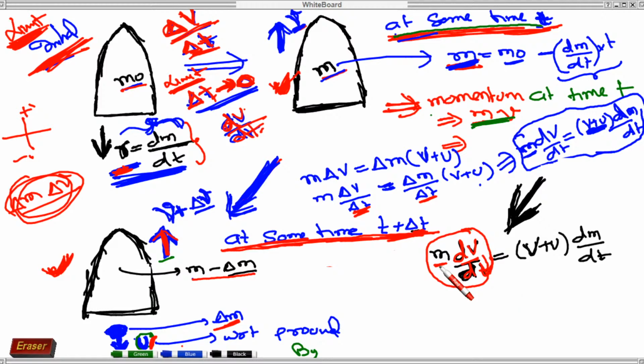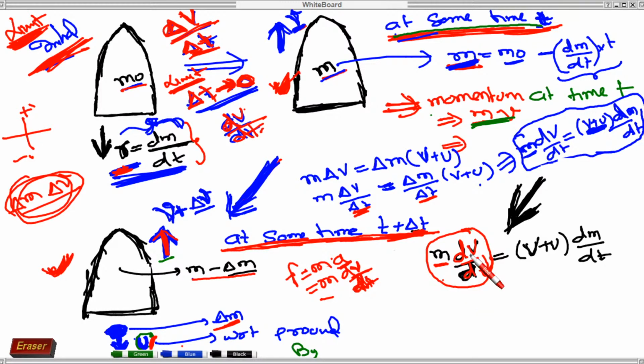So what is this mass into acceleration? That is force. Force is equal to mass into acceleration, and acceleration we can write as dv over dt. So this is some force. So what is this force?